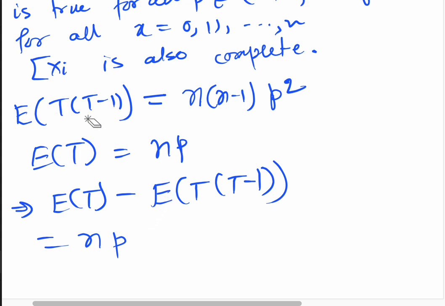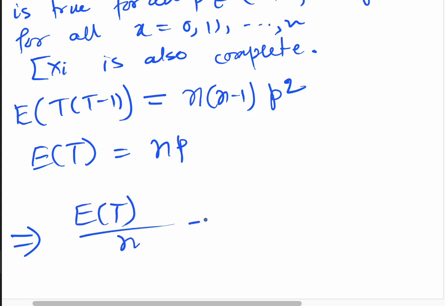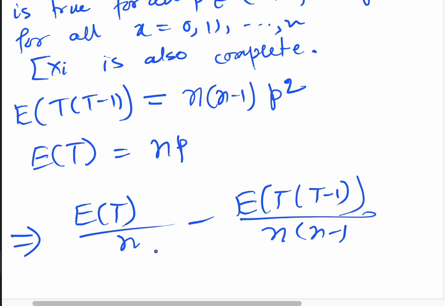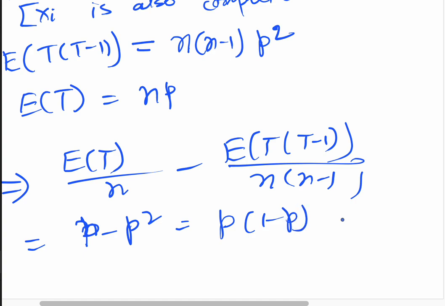Okay, another thing, let me do this instead. So if I do that, the expectation of T by n, subtract expectation of T into (T minus 1) by n into (n minus 1), what you will get? You will get p minus p square, that will be p into (1 minus p), that is psi(p).